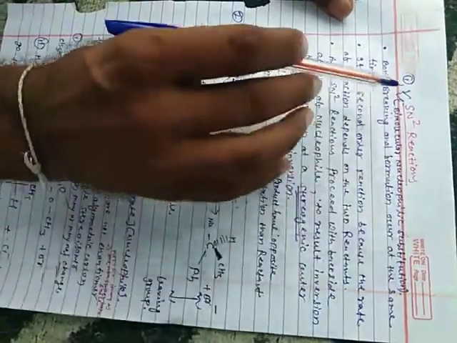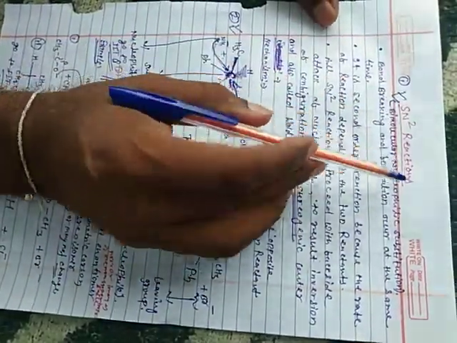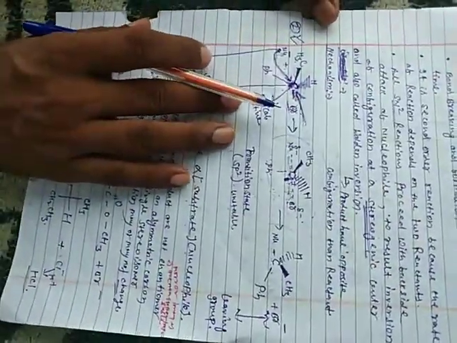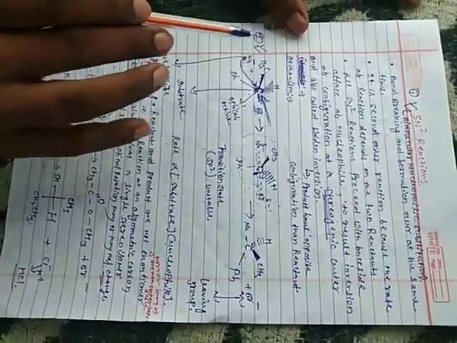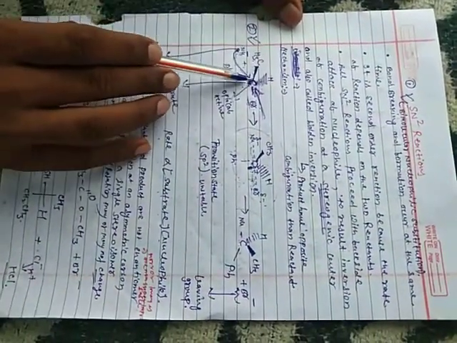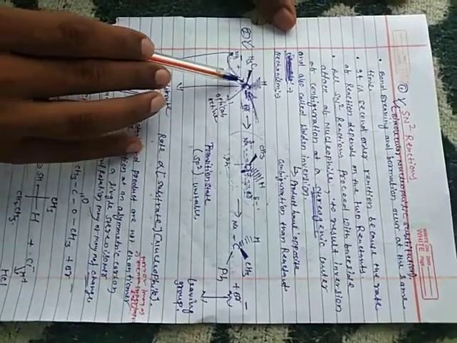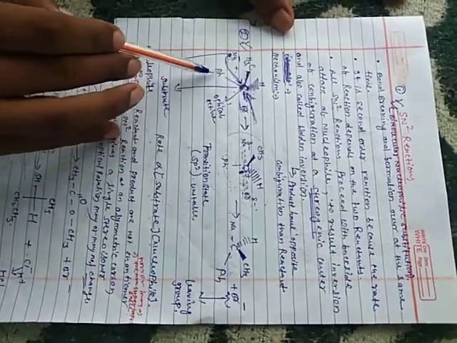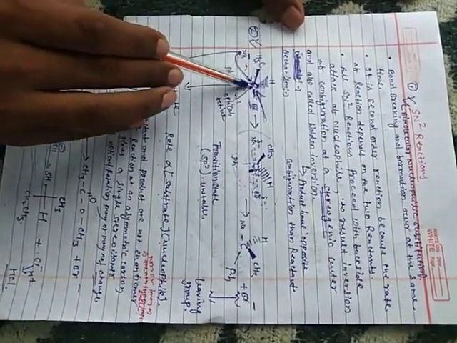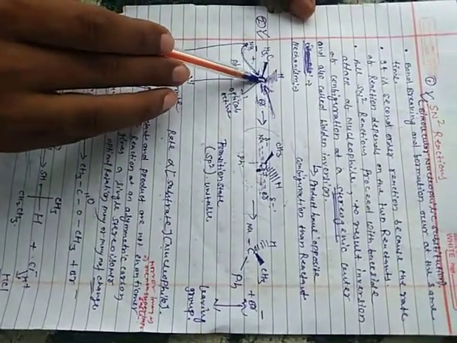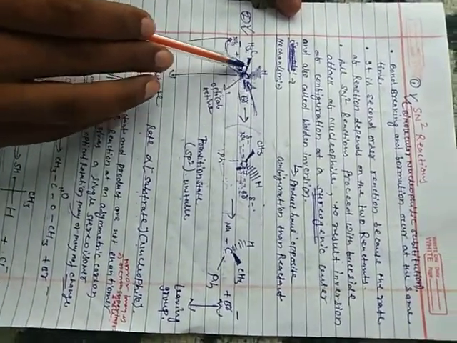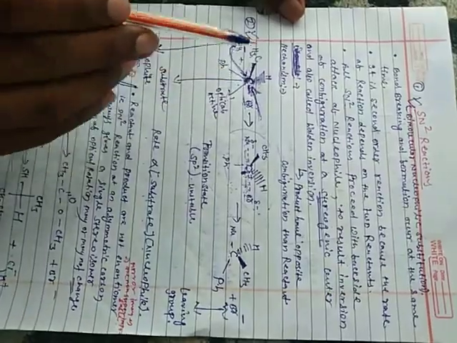To understand the mechanism of the SN2 reaction, come to this figure. Here I have taken one carbon, and attached to this carbon are one bromine, one phenyl, one methyl, and one hydrogen with different types of three-dimensional bonds.